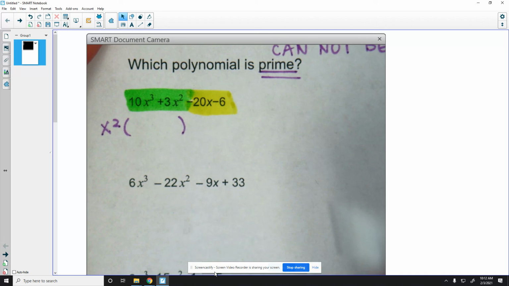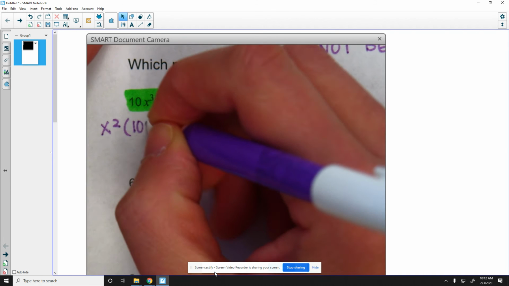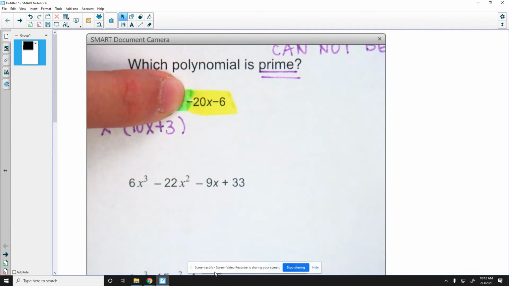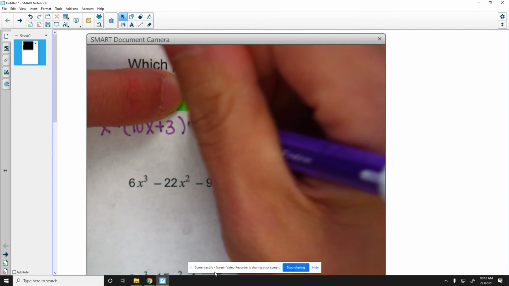So left over, I have what plus what? 10x plus 3. 10x plus 3. Okay, yellows, what should I take out? What do you say? You can take out something. Yeah. Almost 99% right. Not just a 2 though. Vaughn? Negative. Why negative, Vaughn?